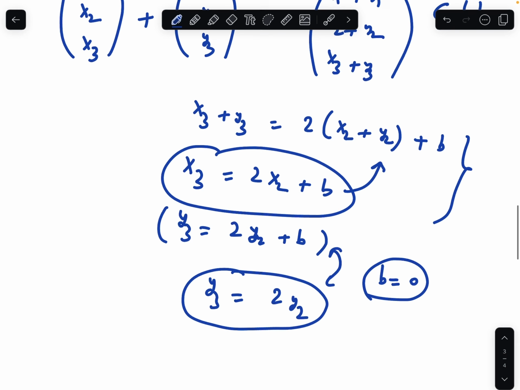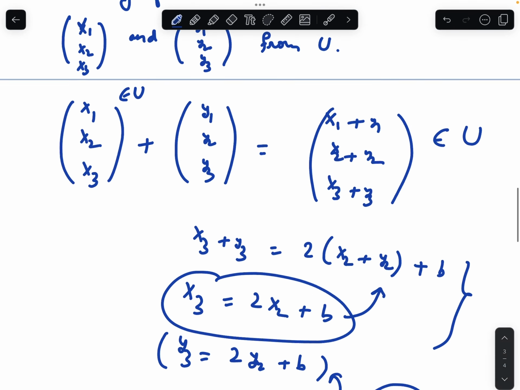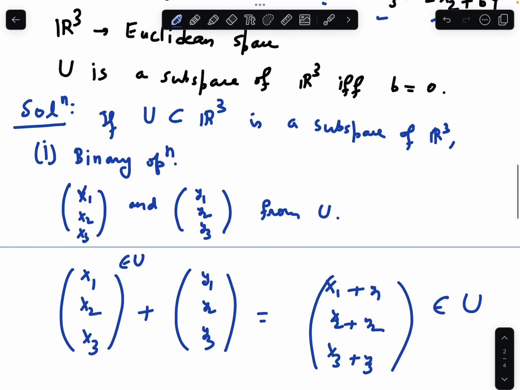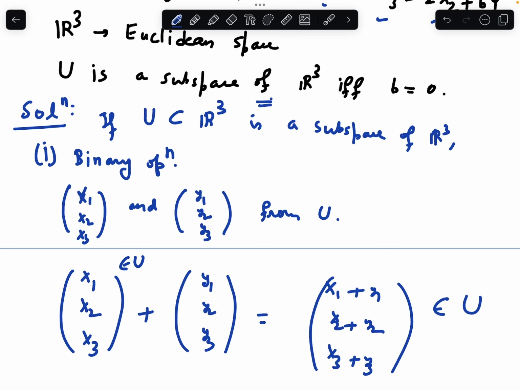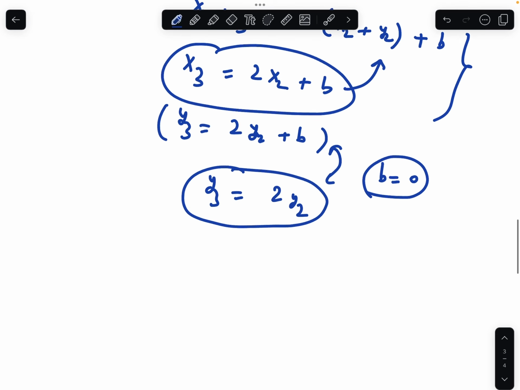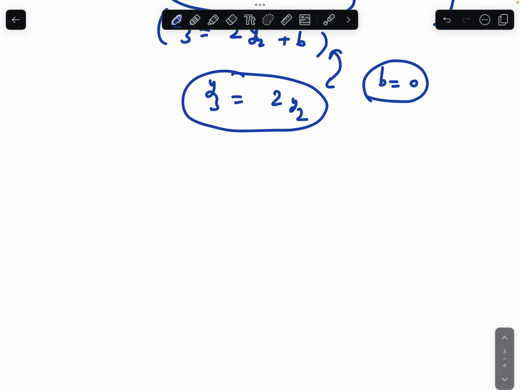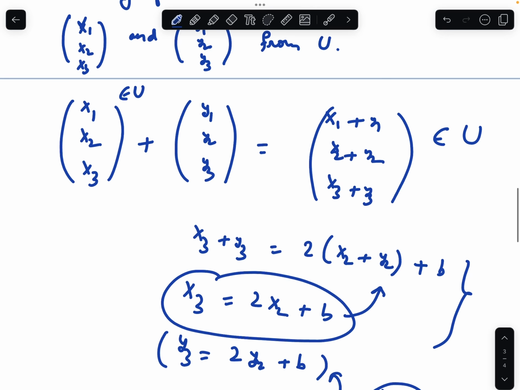And for this to happen, we need to have b equal to 0. So we have proven this side. Now, the other side is easy.